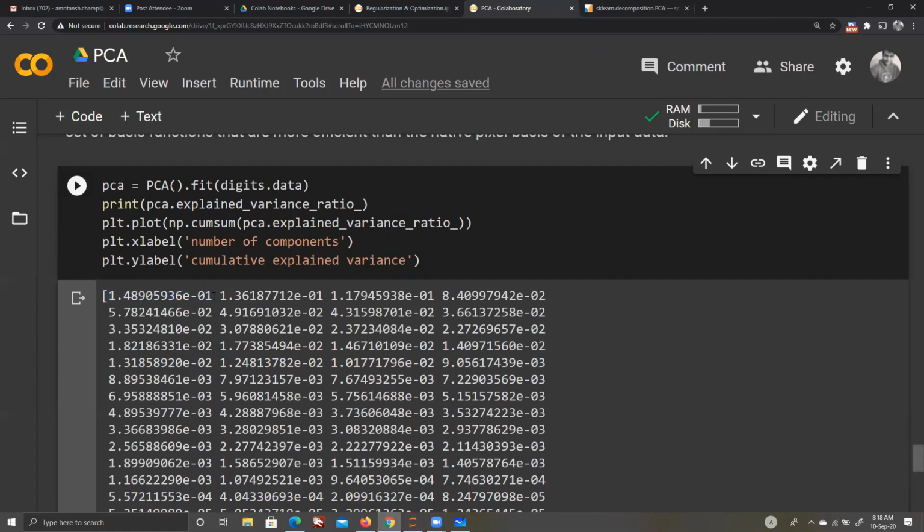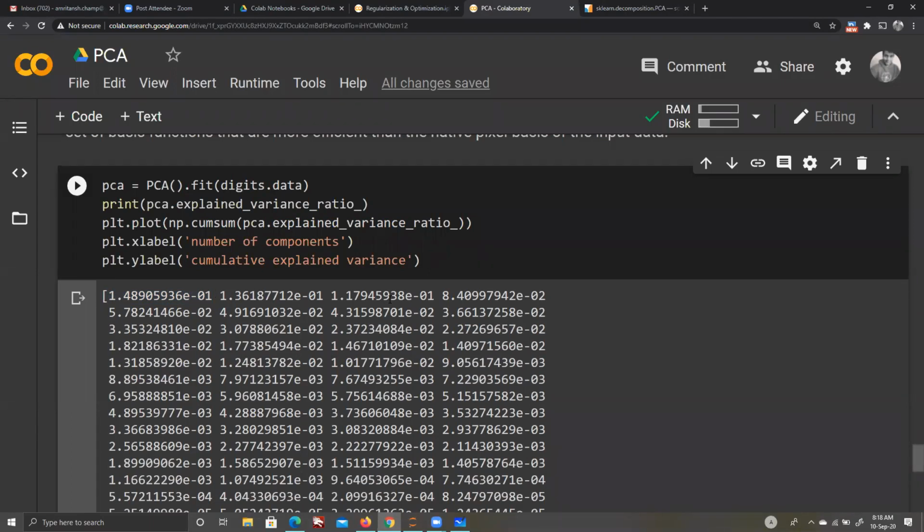The first PC will definitely have the highest. Because these are pixels, you can see after a while the values become really small. These values will be 64 in number, the maximum, but you don't have to choose all 64.